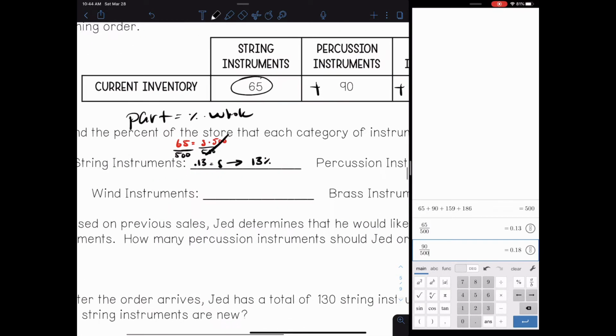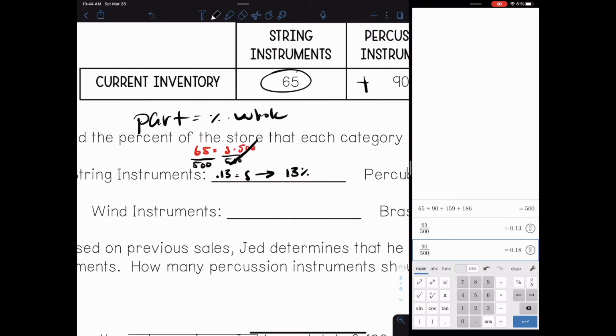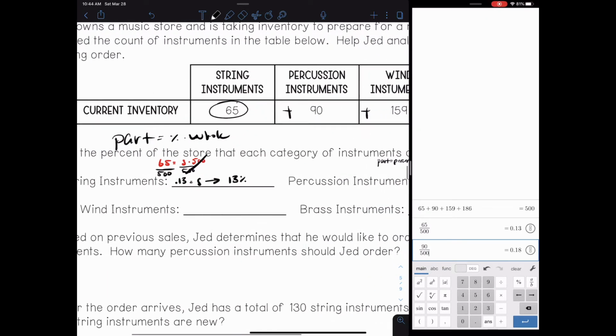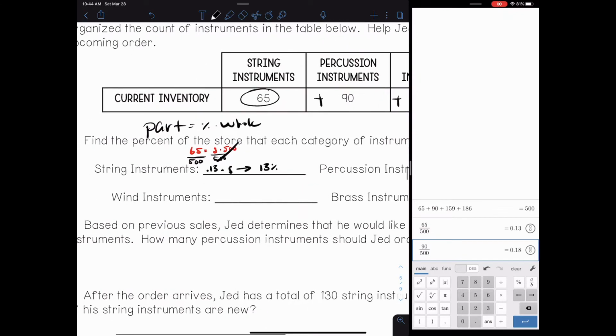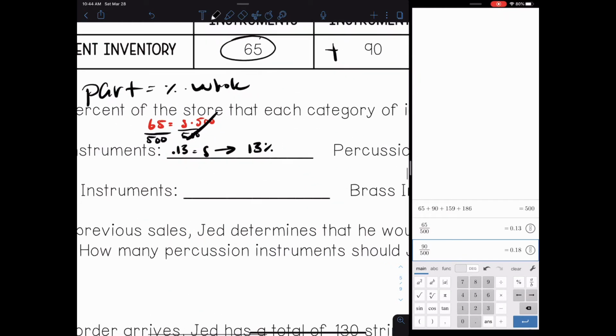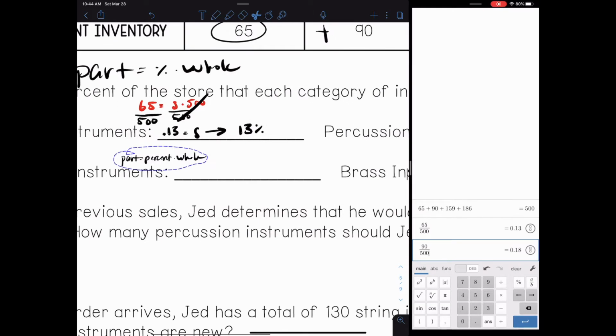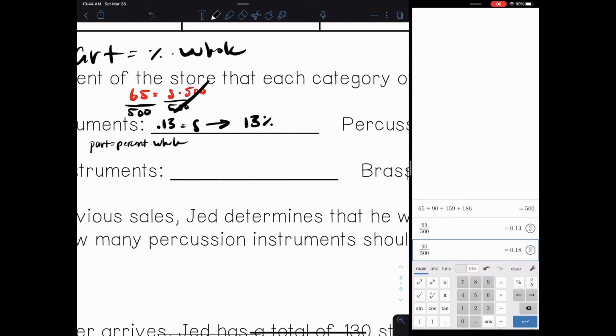On the left side, we have wind instruments. And so when it comes to wind instruments, part equals percent times whole. So again, can I just copy this? I feel like I'm going to write it over and over again. Yeah, look at that. So how much is the part?